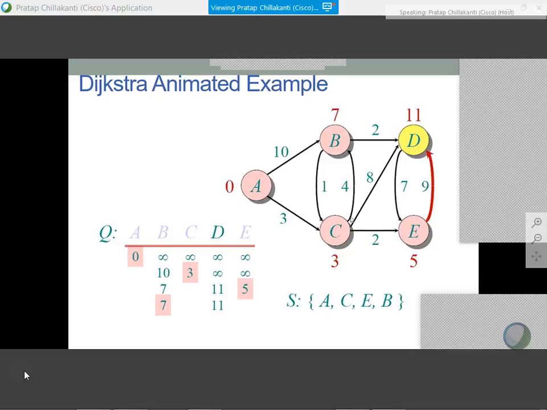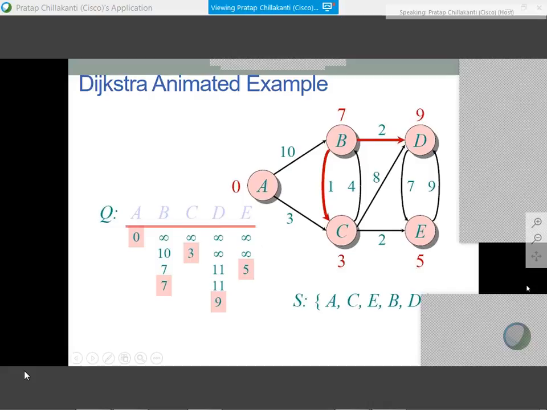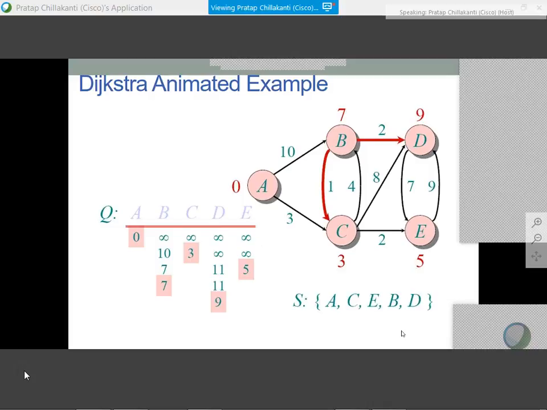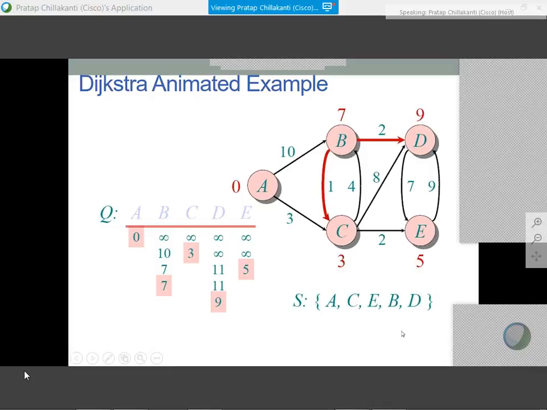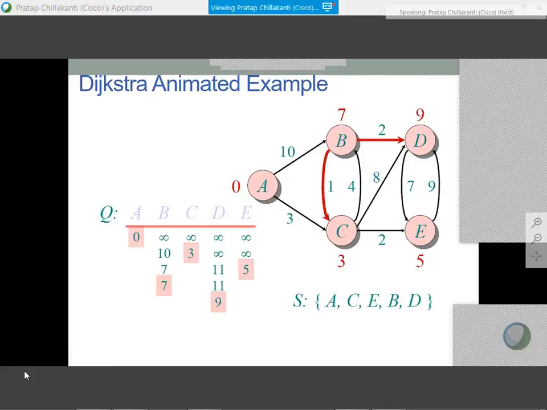Now, while you're doing that, see how the infinities have changed to the actual values. And the last one remaining is D, right? And you get the last one, D there. You can see how the chart got filled up there. Okay. Very neat, huh? Dijkstra, how he did that, and he showed the paths there.